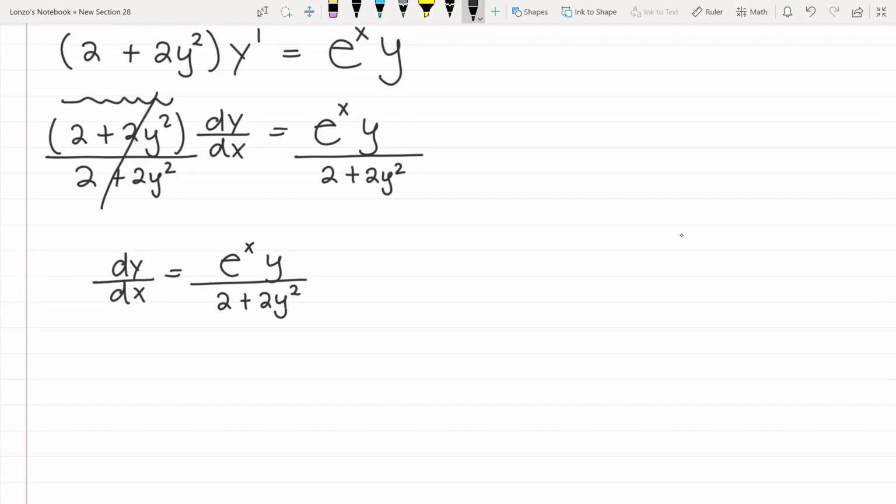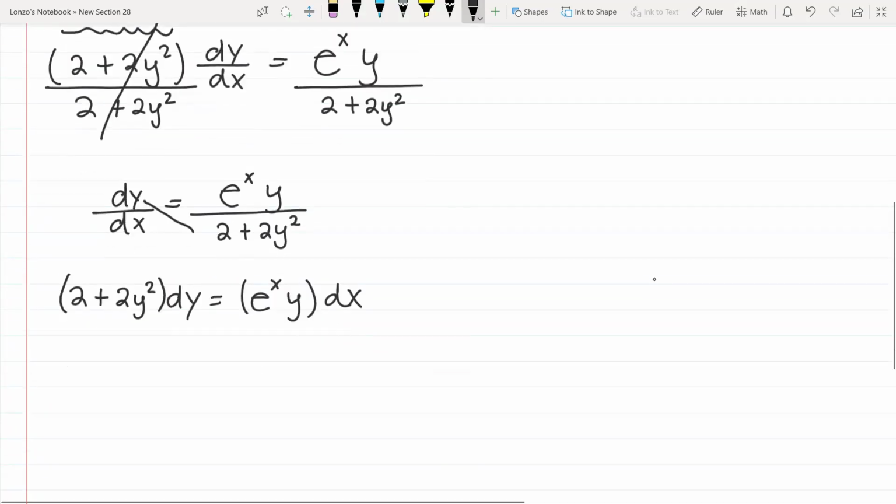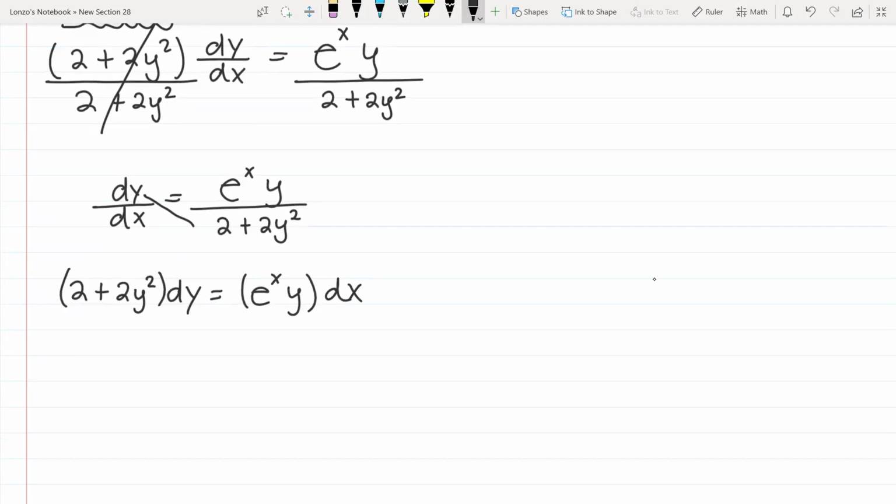The next step is to get all the y's and all the x's on one side. So I'm going to cross multiply: dy times this whole thing, 2 + 2y² dy, and on the other side e^x y times all of it, dx. Now, are all the y's and all the x's on one side?